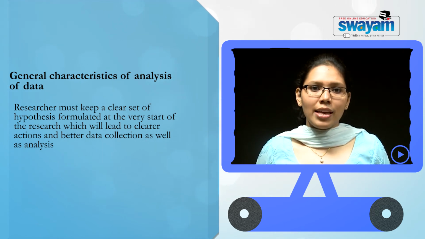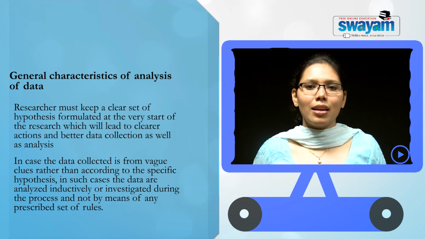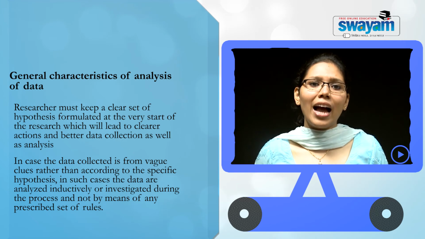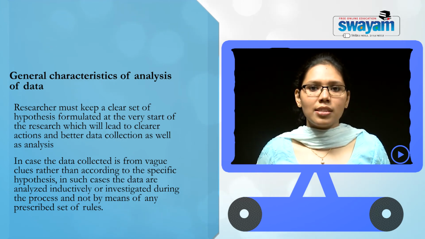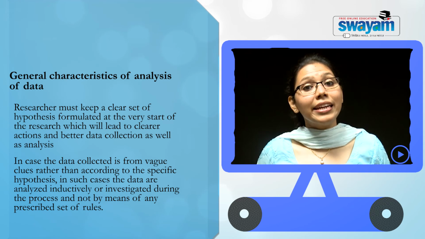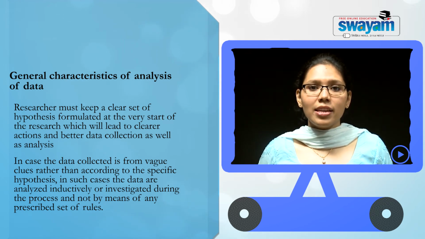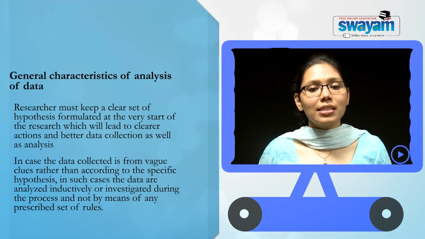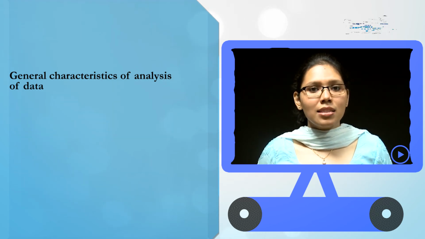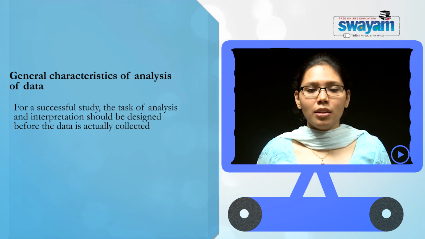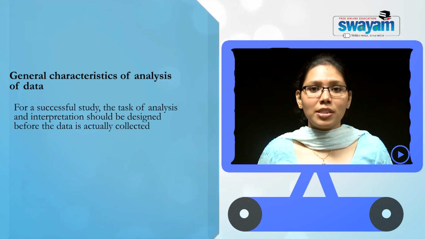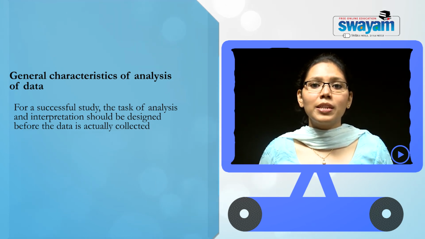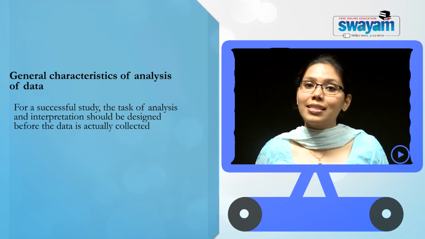Fifth characteristic is that in case the data collected is from vague clues rather than according to a specific hypothesis, in such cases the data are analyzed inductively or investigated during the process and not by means of any prescribed set of rules. Sixth, for a successful study, the researcher must keep in mind that the task of analysis and interpretation should be designed before the data is actually collected.